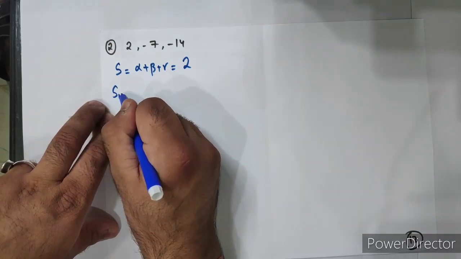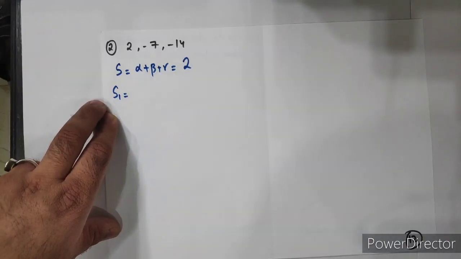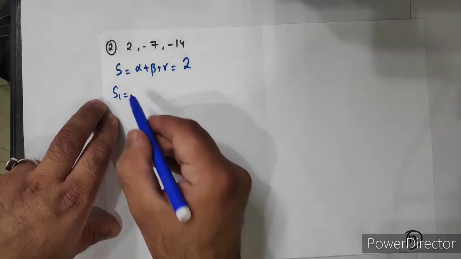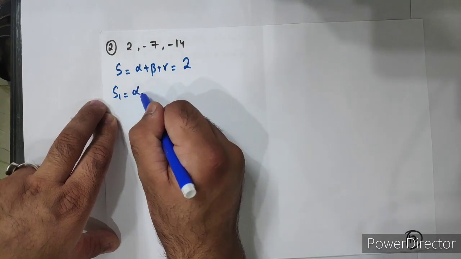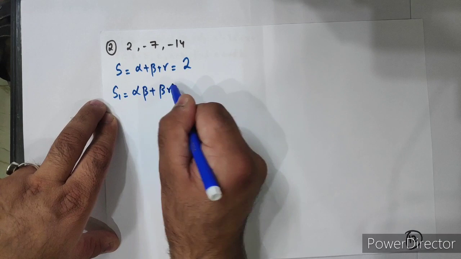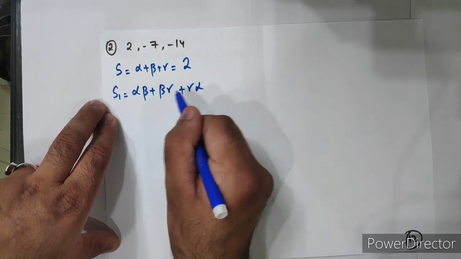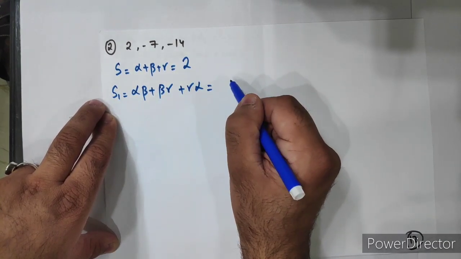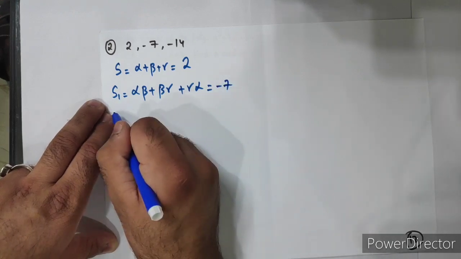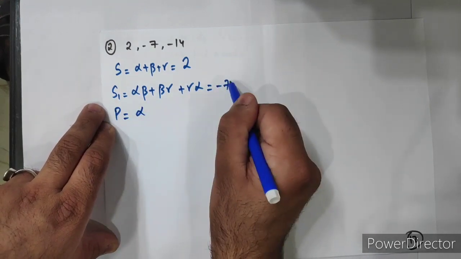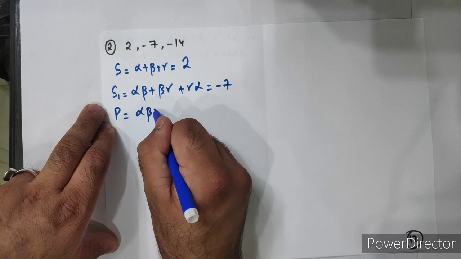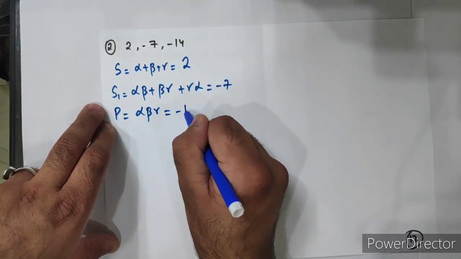Next we have the sum of the product of its zeros taken 2 at a time. This was denoted by s1. So alpha beta plus beta gamma plus gamma alpha is given to be minus 7. Next is the product alpha beta gamma, which is given to be minus 14.